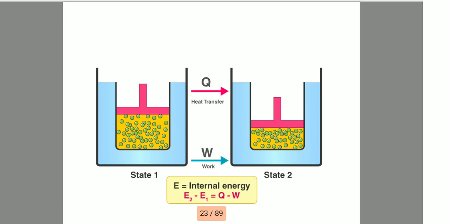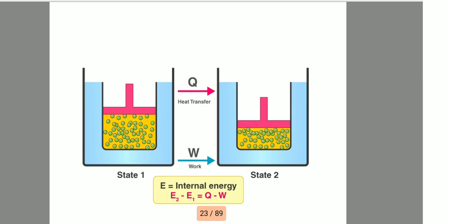Here you can see in the diagram, state 2 has higher energy and state 1 has lower energy. Therefore, state 2 minus state 1, that is E2 minus E1, leads to delta E, which is nothing but Q minus W.